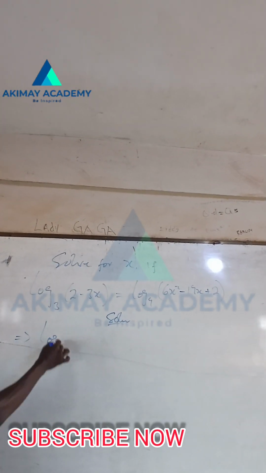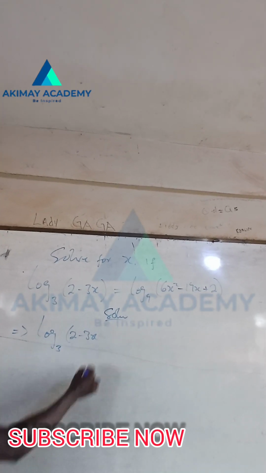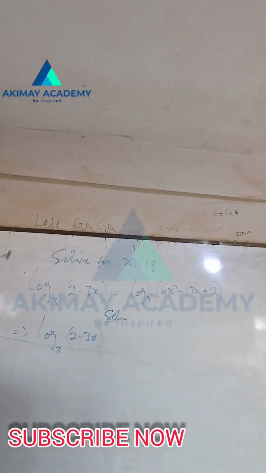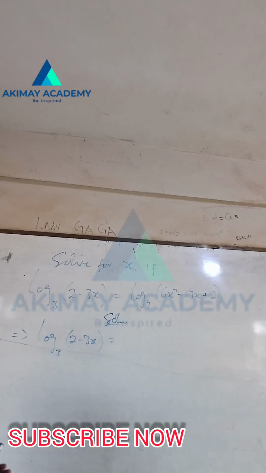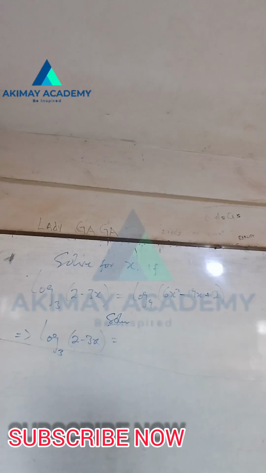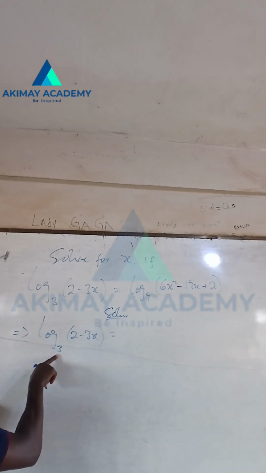So over here we have log to the base 3 of 2 minus 3x equals, so here we are changing the base and we have to apply the change of base law. So when we are changing, our new base is now 3.